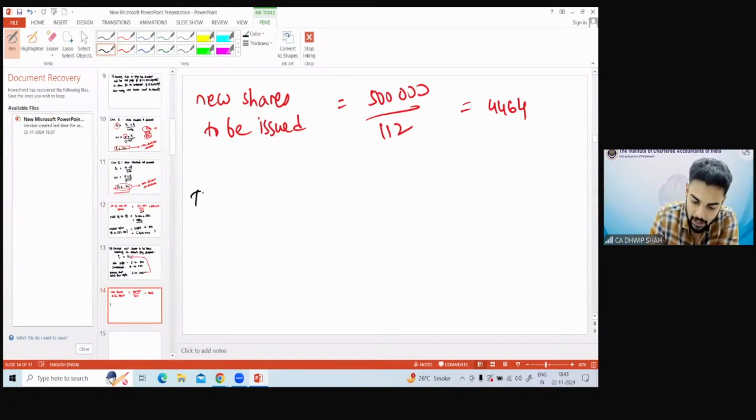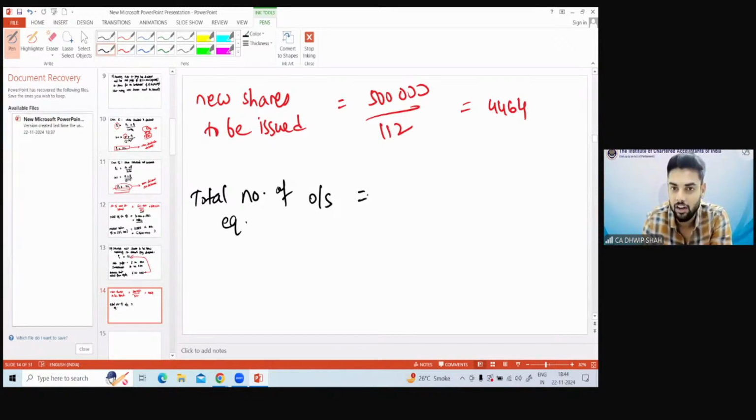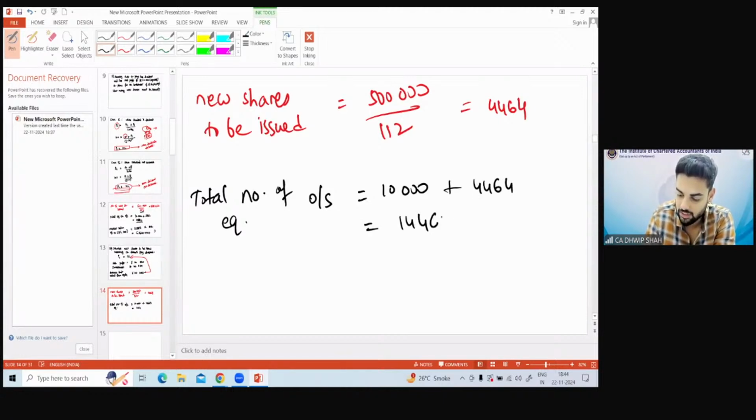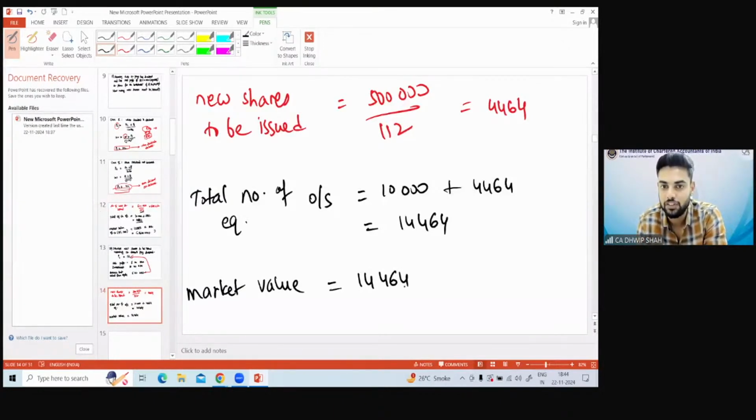Now, can you tell me the total number of equity shares outstanding? Total, huh? Not just the new one. Equity outstanding at the year end of year 1. Can I say 10,000 plus 4464, which comes to 14,464? Yes or no? And if I want to calculate the market cap of the company or market value of the company, it is nothing but just simply take the number of shares outstanding multiply by the market price. बोलो कितना आया?